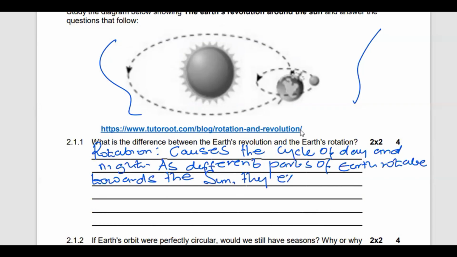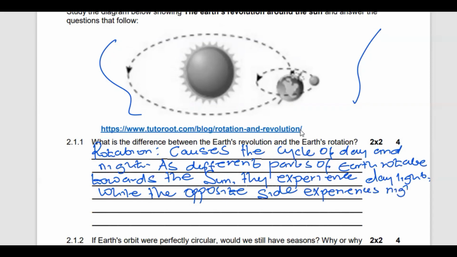They experience daylight while the opposite side experiences night time. You get your 2 marks.